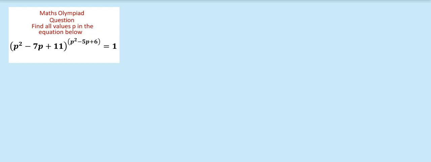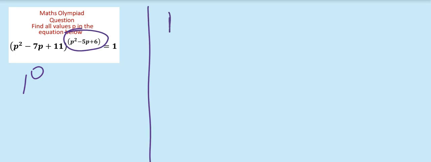The first one, like I said, I think that's the easiest one, 1 to the power of 0. So the numerator, the power, must be equal to 0. I have p squared minus 5p plus 6 equals 0. If I get the values of p, when I substitute into this, I must get 1, because anything to the power of 0 is definitely 1.